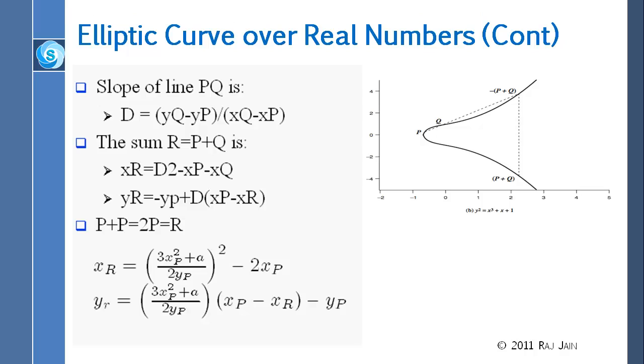By the way, these should be subscripts: y sub q, y sub p, x sub q, x sub p. Anyway, the sum is here, R.